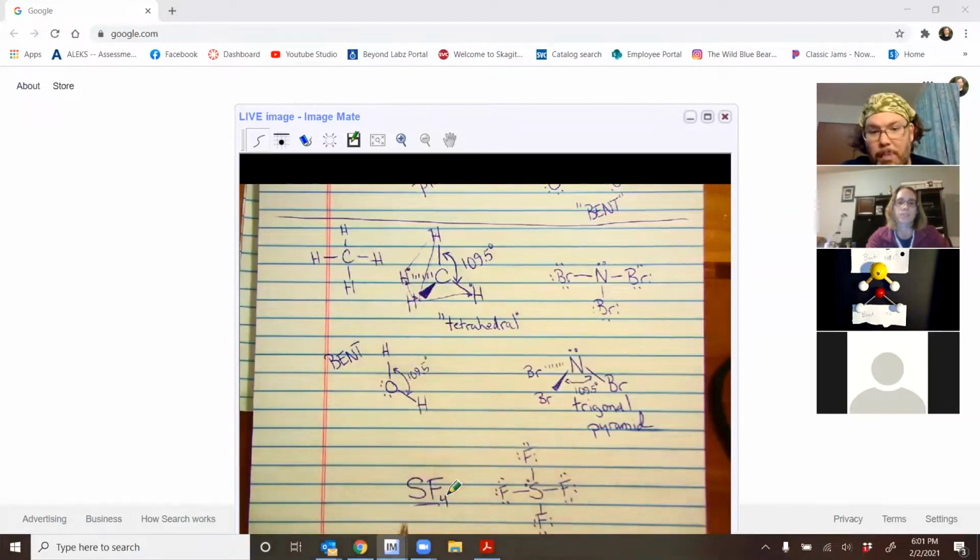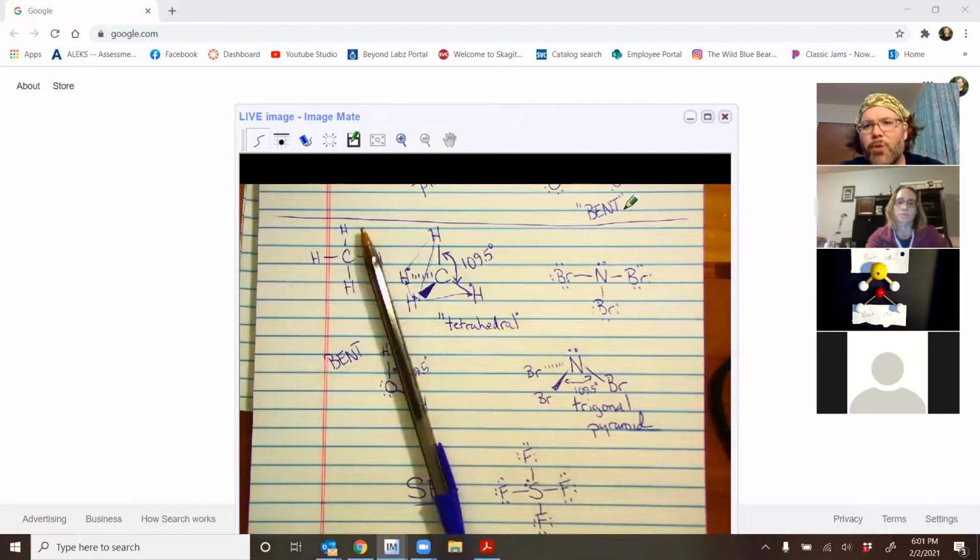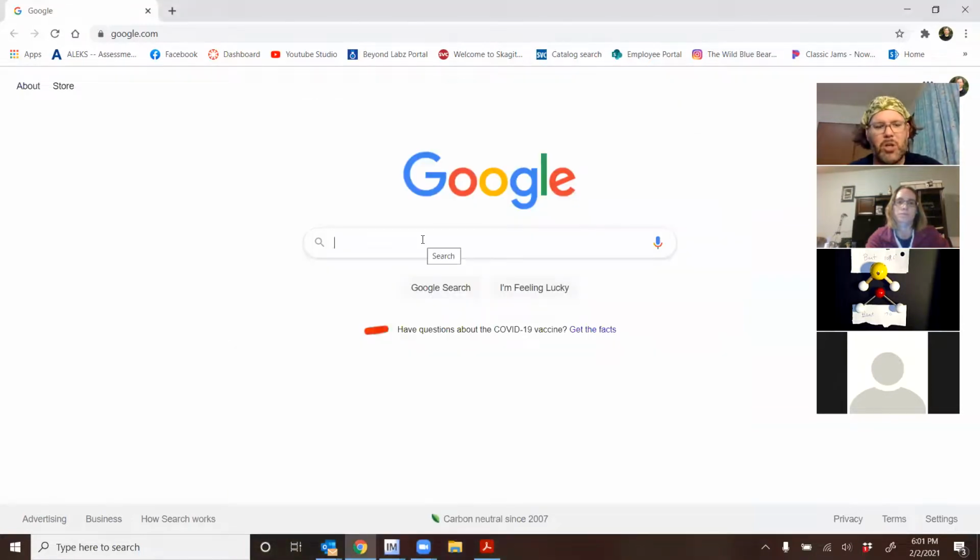We have to talk about how many of each kind of atom there are in that formula. So we have 1 sulfur and 4 fluorines. Since there's only one of the first kind of atom, we don't have to say mono, we can just say sulfur. And then those 4 fluorines would be tetrafluoride. So sulfur tetrafluoride is the picture that I'm looking for.